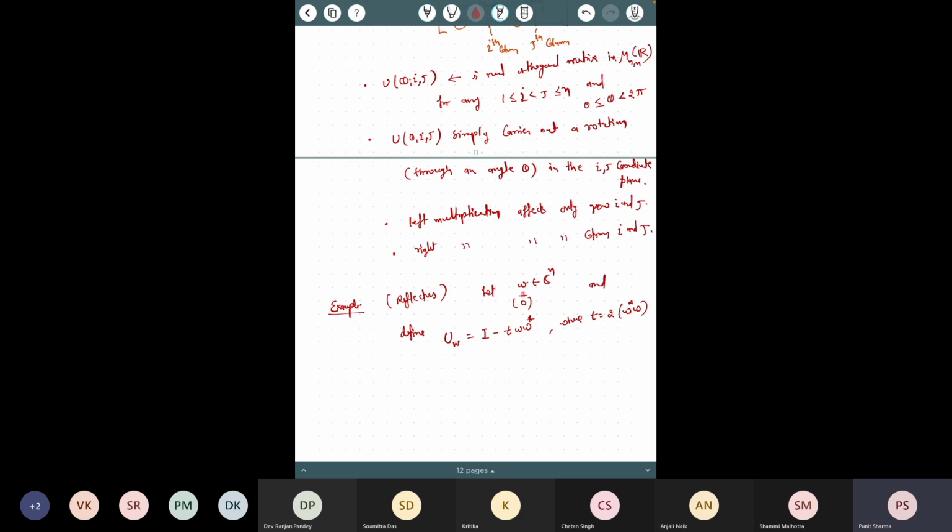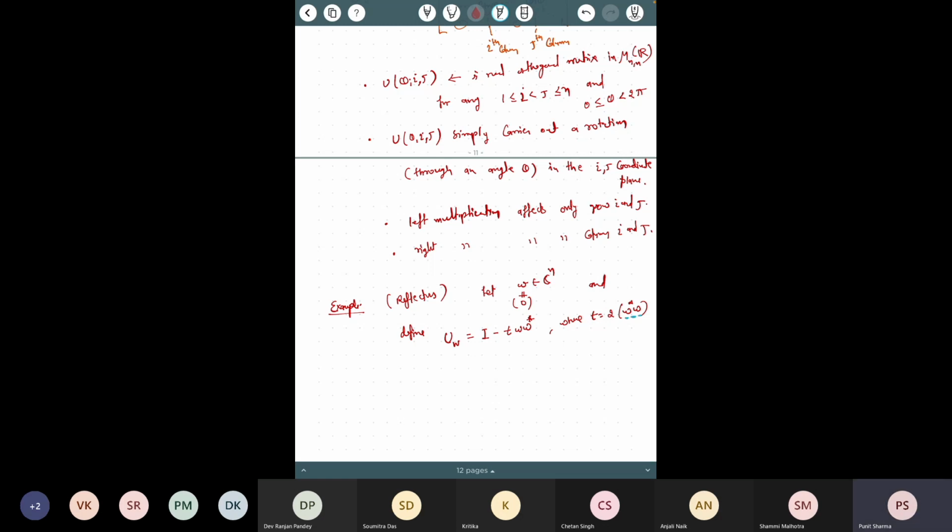Now you can see here this w w star is an n by n matrix because w is a column vector, so it is of size n cross 1, and w star is of size 1 cross n, so this is an n cross n matrix. So u_w is an n cross n matrix, and w star w is a 1 cross 1 matrix, that means it's a scalar.